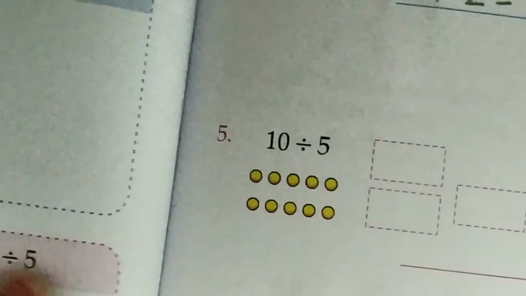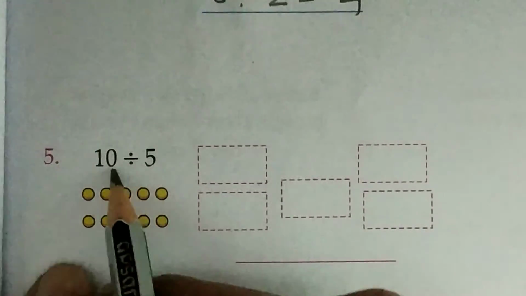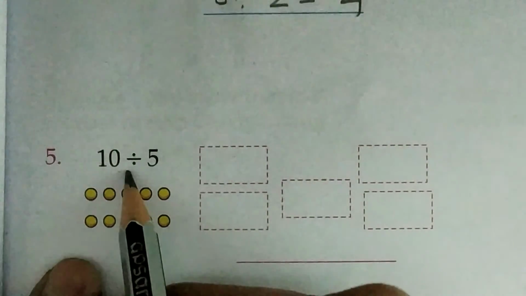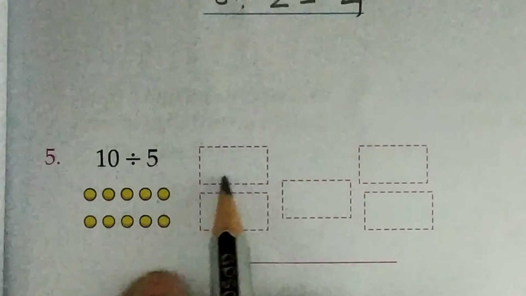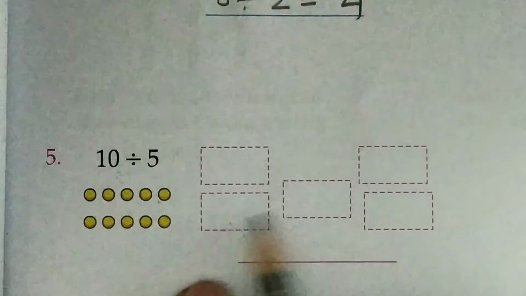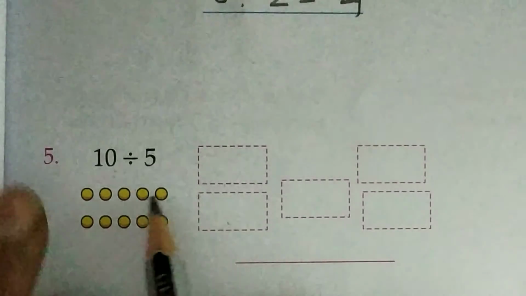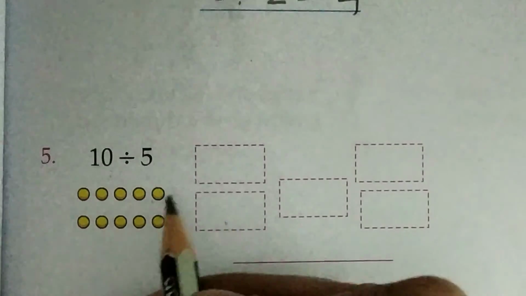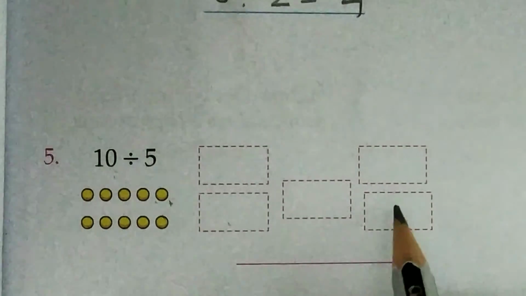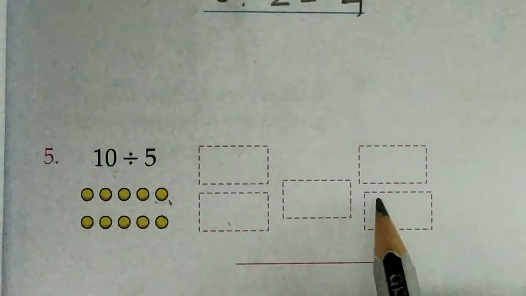See another example. We have 10 balls. We have 5 blocks. We have to divide these balls to put them here. So how many balls come equally in these 5 boxes?